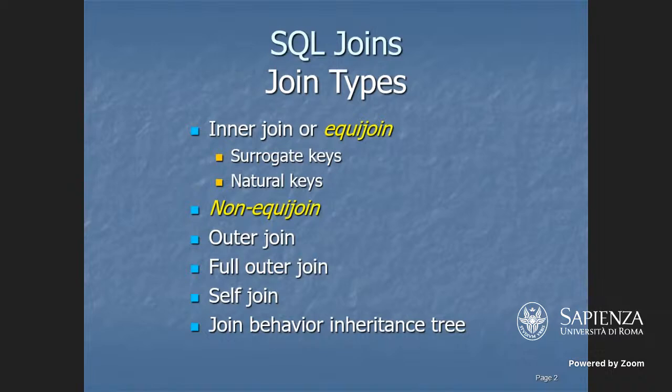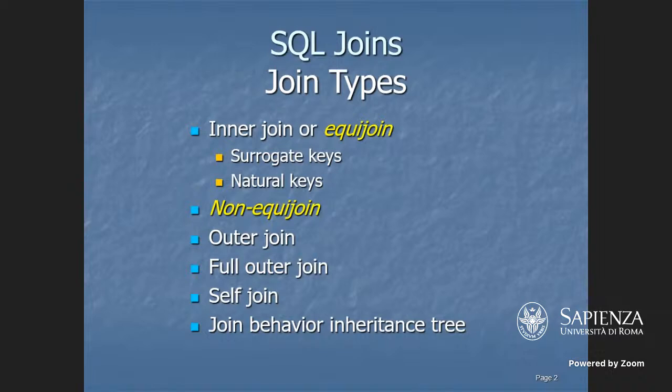We also have set operations, which we are not covering in this class, like union, union all, except, intersect. We have quite a number of set operations that we can perform in SQL.